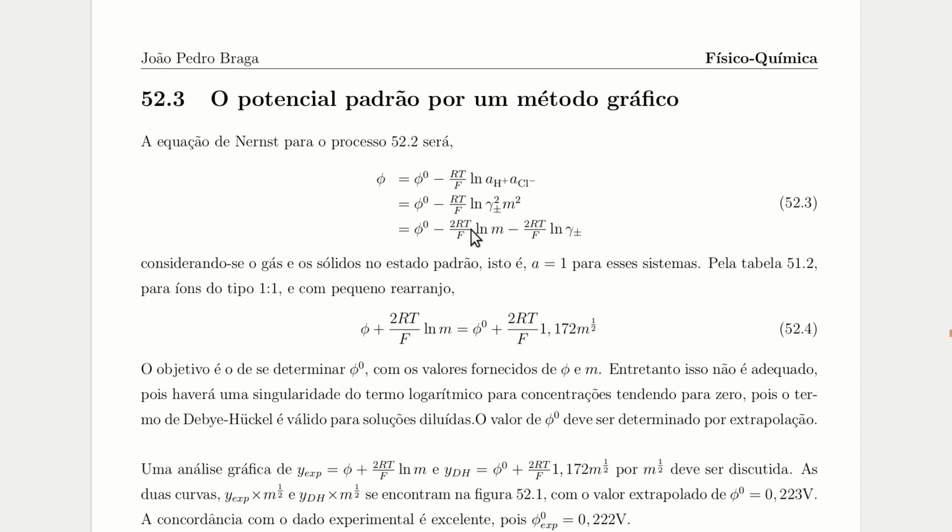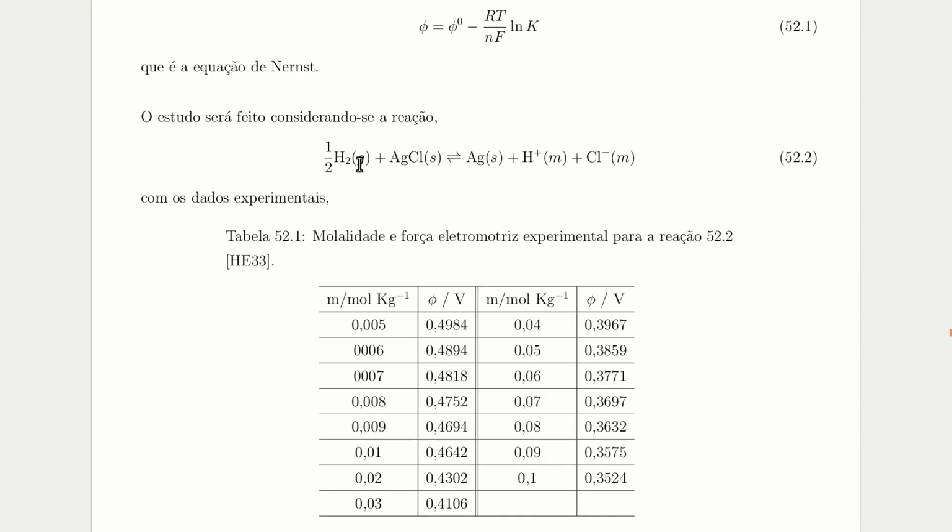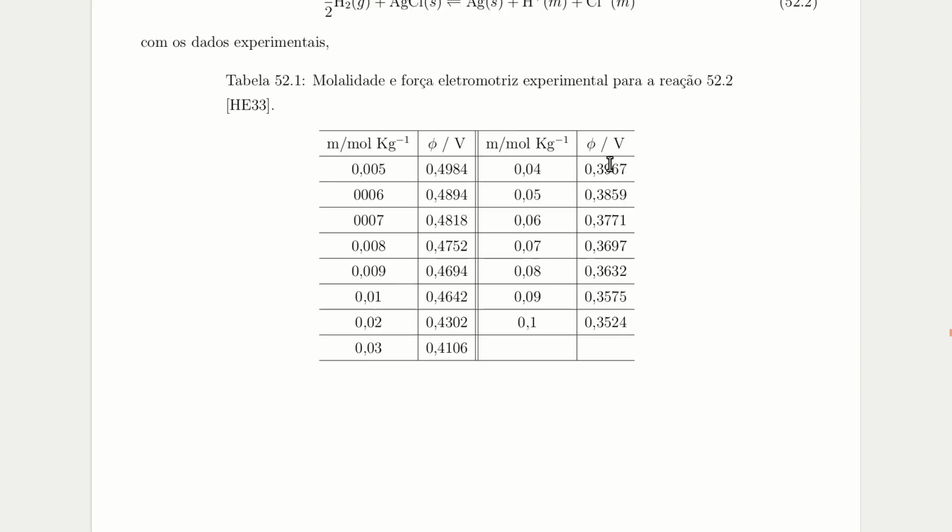The Nernst equation for this process, since I'm assuming activity coefficients for the gas and solid phase equal nearly to 1, will involve only the equilibrium constant, only the activities of hydrogen plus and chloride minus.